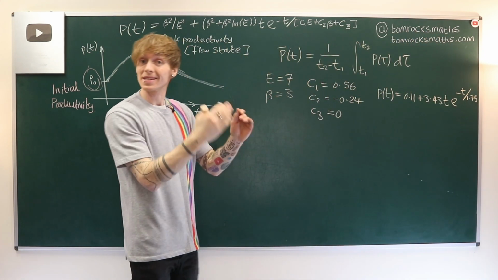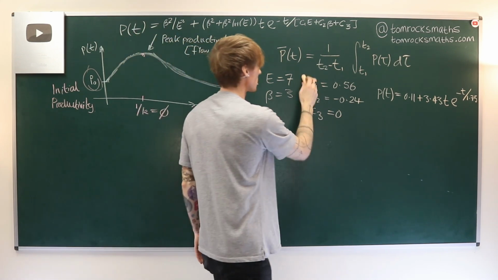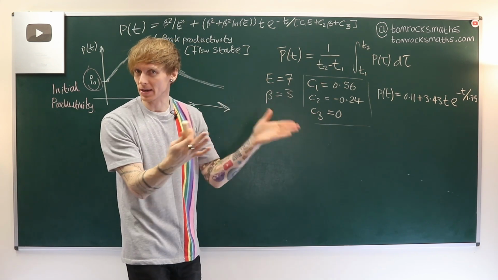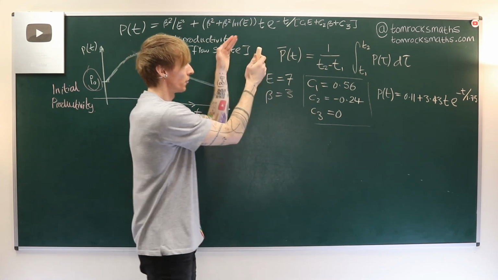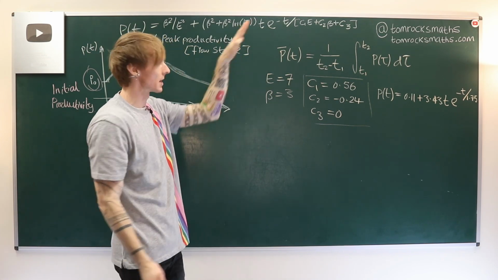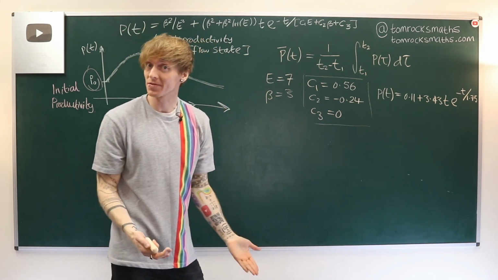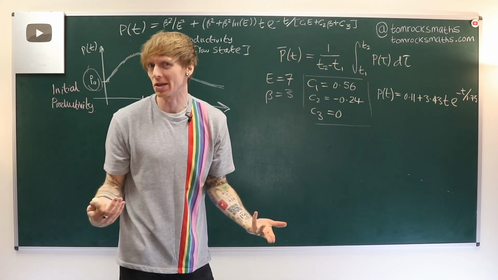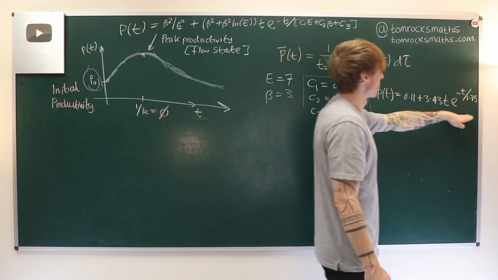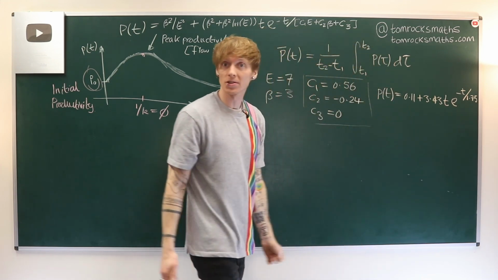So for this specific user with these user-defined constants, which will not change depending on the task, but for a specific task with effort 7 out of 10 and enjoyability 3 out of 10. So something that's high effort that we don't really want to do because we don't enjoy it. We get this for our productivity function.